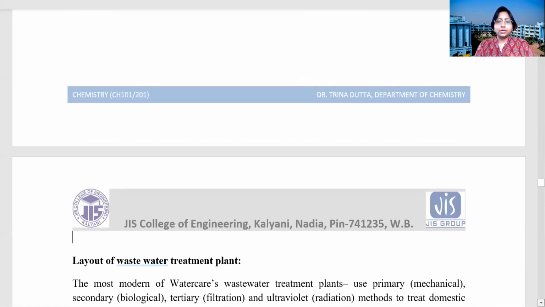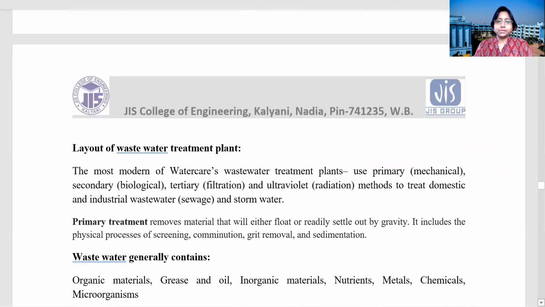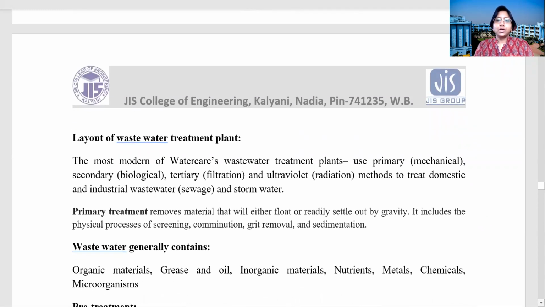About wastewater treatment, there are three types. The most modern wastewater treatment plants use the primary treatment, that is mechanical, and the secondary treatment, that is biological. Biological means the organic waste materials are decomposed by microorganisms.